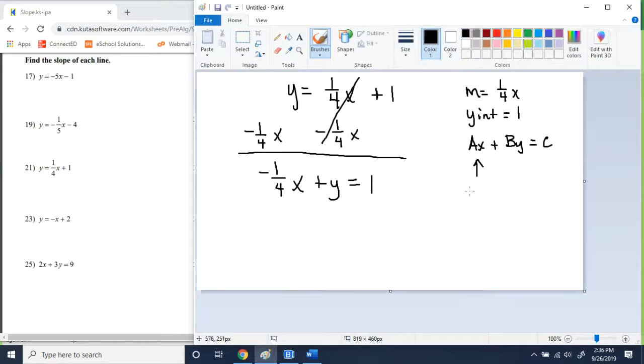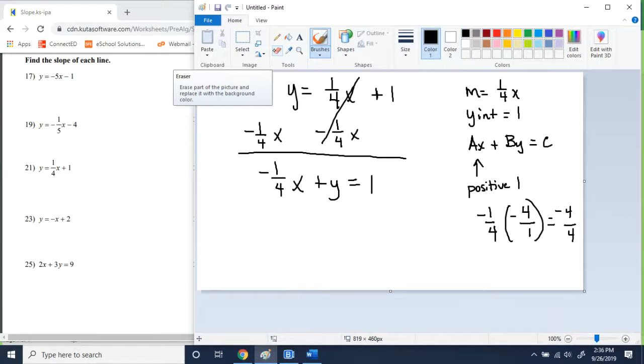Remembering that I want this to be a +1, I'm going to have to do the reciprocal of -1 over 4 by multiplying it by -4 over 1. And that's going to give me the positive that I need to make this a 1.